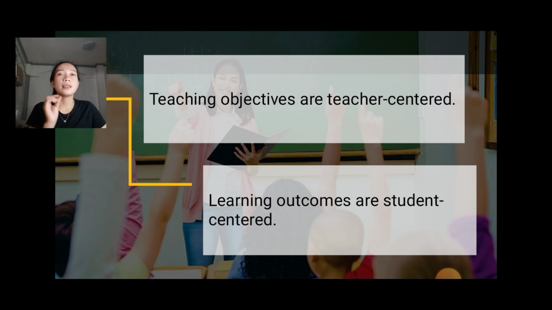That is the difference between teaching objectives and learning outcomes. Teaching objectives are formulated from the teacher's point of view, while learning outcomes are formulated from the students' point of view, or their understanding and learning of the subject matter or of the specific topic.